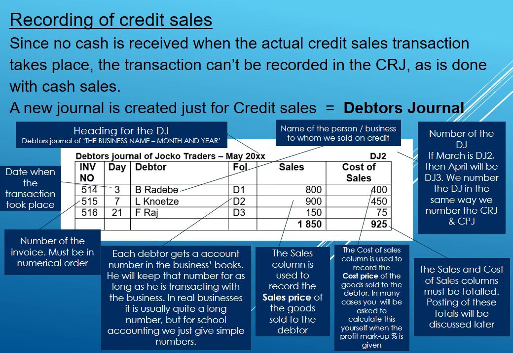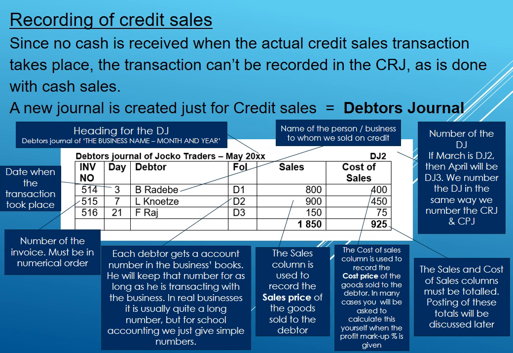And then in the cost of sales column, we record the cost price of those items that we sold to the debtor. In many cases, if you have to do an exercise in class, you will be required to calculate the cost of sales price or the cost price, and we all know what formulas to use there. We'll have a look at it in the next example as well.